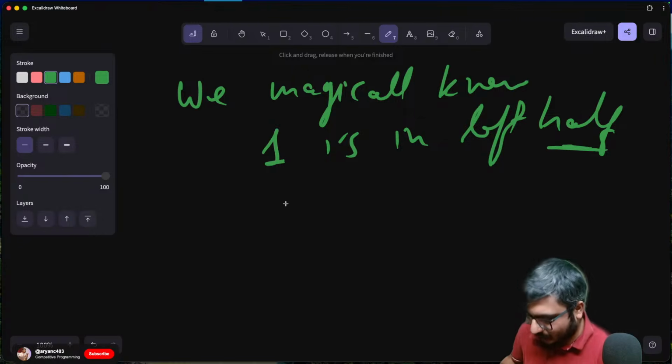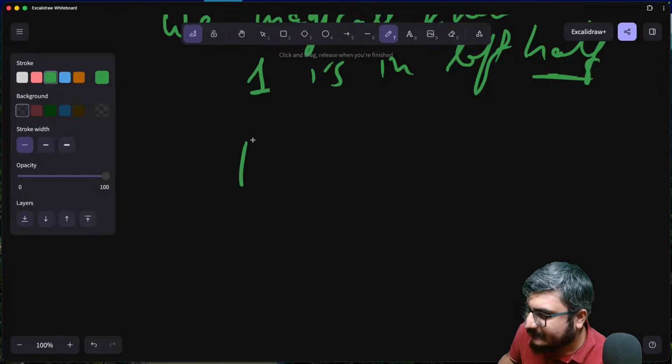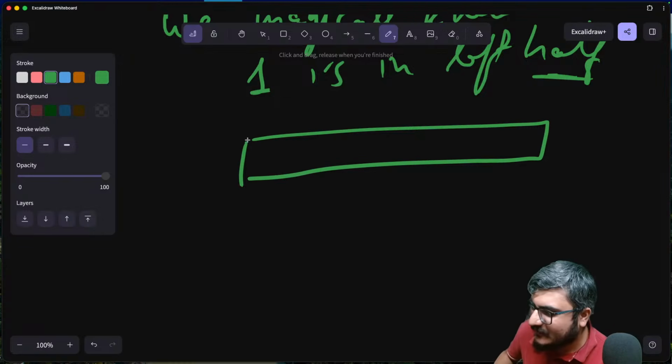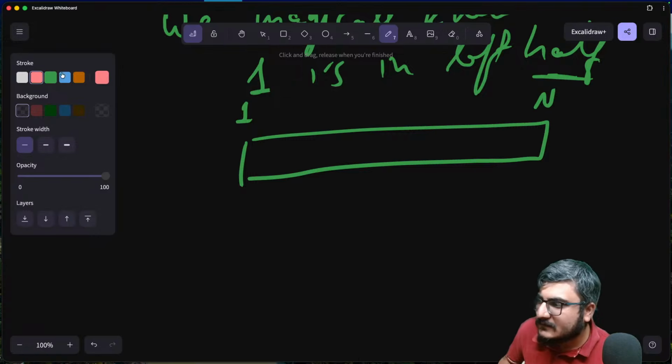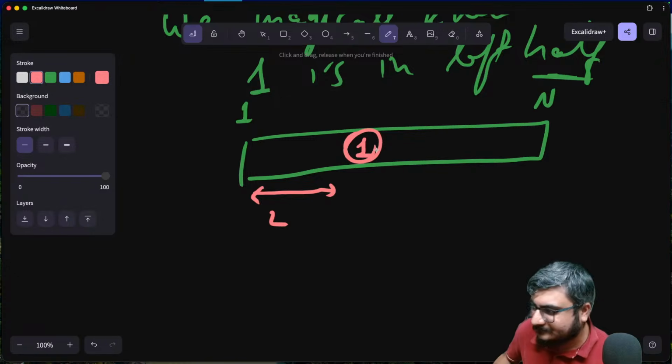Then what am I doing over here? I had this array of length n. I started checking from here. I checked L elements and I found one, right?